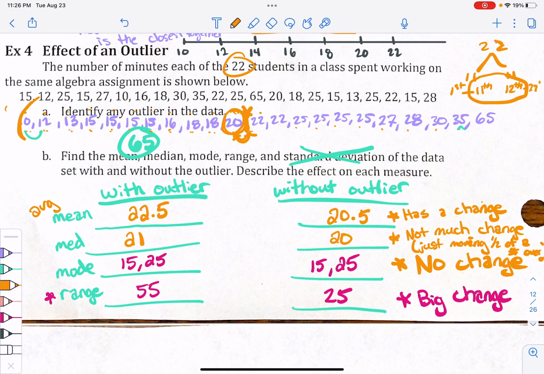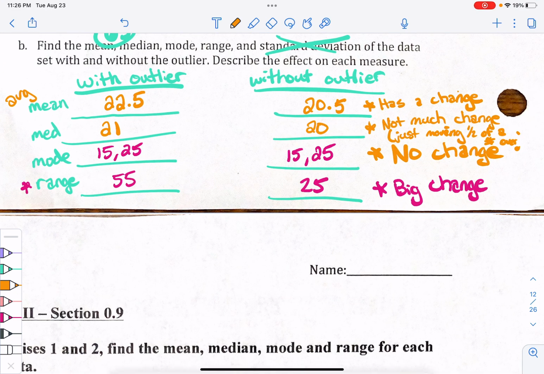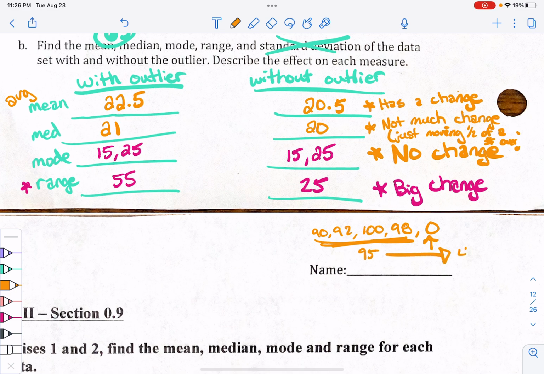So like the example that I was talking about before, if you have a 90 in the grade book and a 92 and a 100 and a 98, and then all of a sudden I lump a 0 in there, that's a huge change from these numbers, and your average is probably going to go from like a 95 all the way down to maybe like a 42 or something like that. I'm just throwing that out there, right? Because that's a huge change. So my average will decrease a ton.